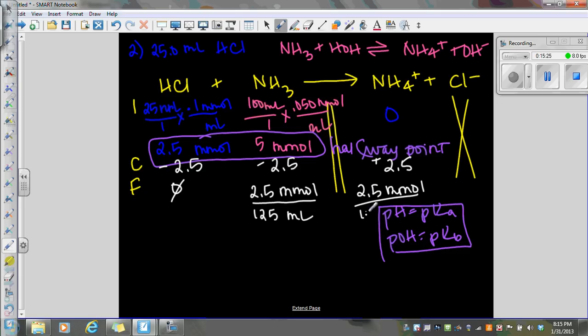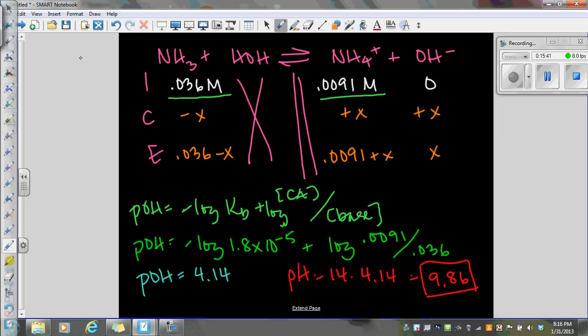Hopefully you're seeing that it doesn't matter which one I do, I'm going to get the same molarity. So I'm just going to write it once. It's 0.020 molar. Okay, if I go on to the next slide, I need to get rid of what I've done here, because we did that already.